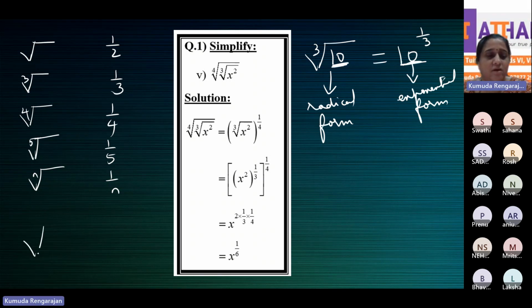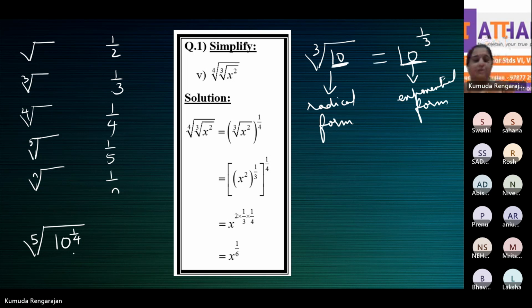Now, supposing you have, say, 10 to the power 1 by 4, and you have a 5 here. So it's the fifth root of 10 to the power 1 by 4. Write this one as it is. That becomes the base.